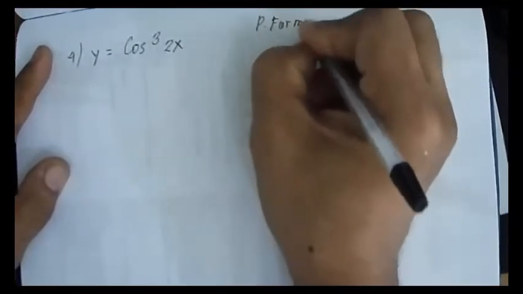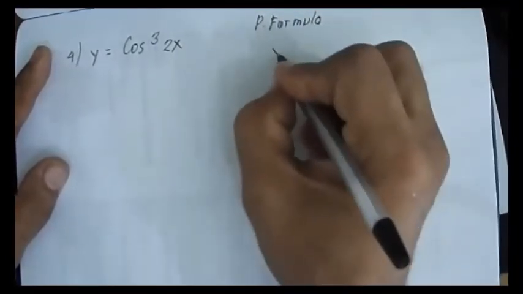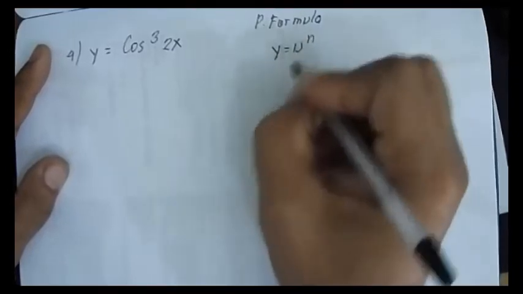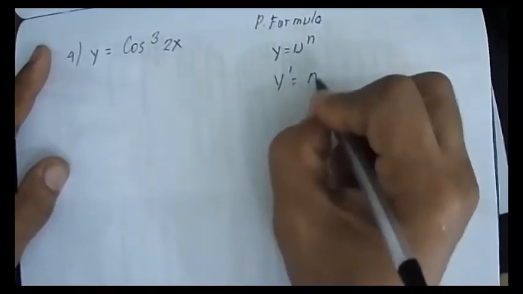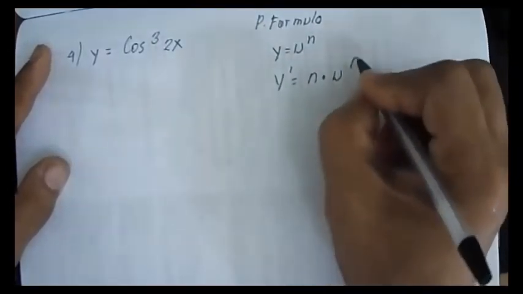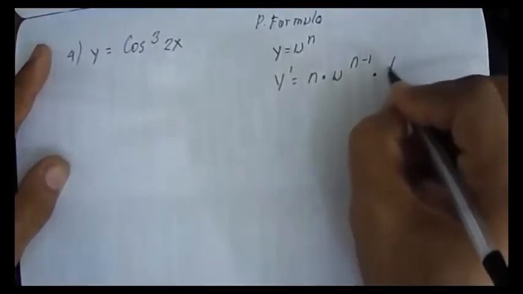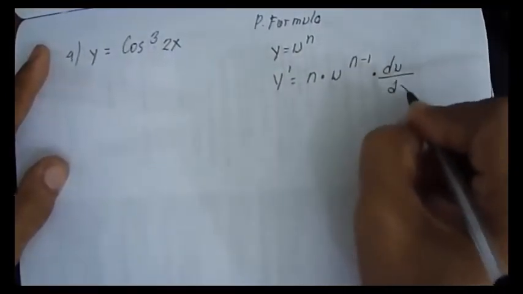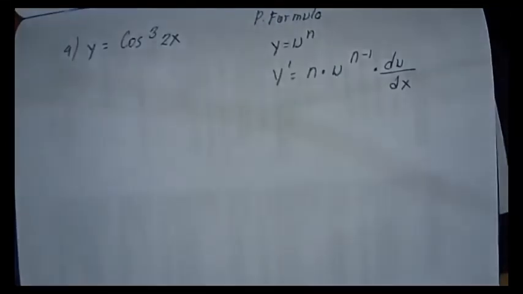Ano yung formula natin sa power formula? Okay? If y is equal to u raised to n, y prime will be n u raised to n minus 1 multiplied by du all over dx. So, yan yung power formula.